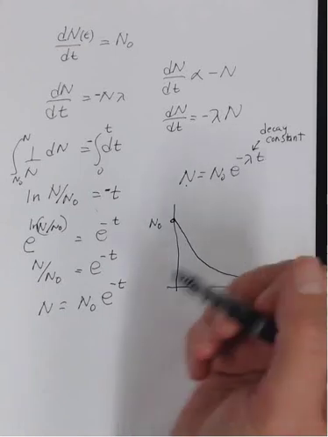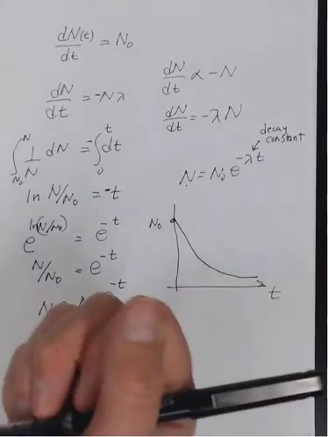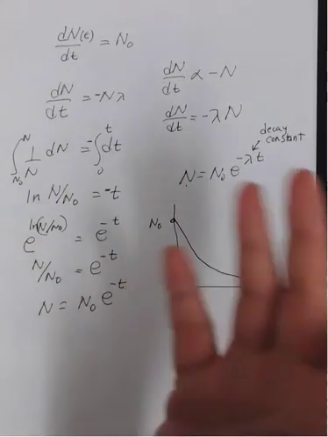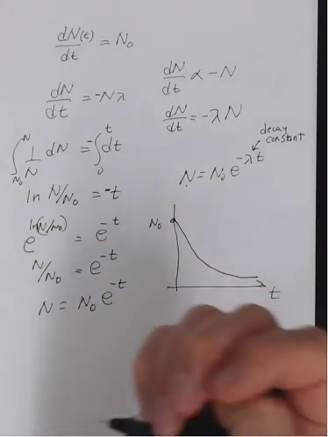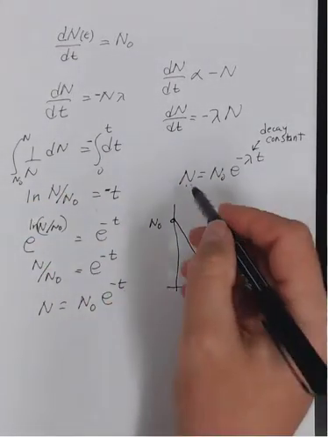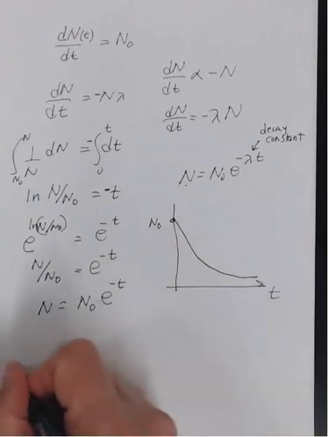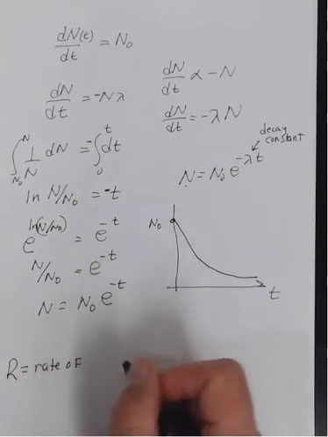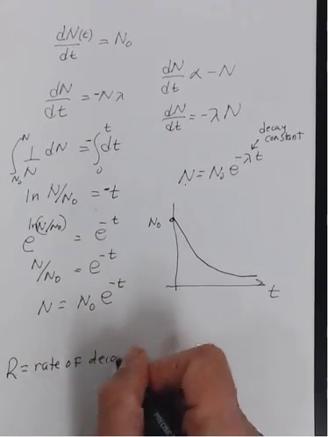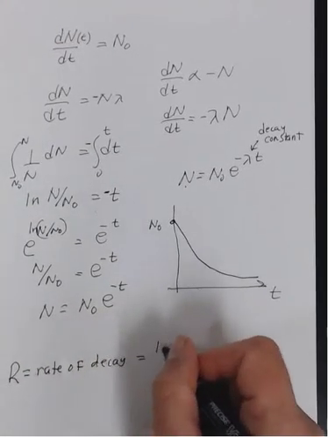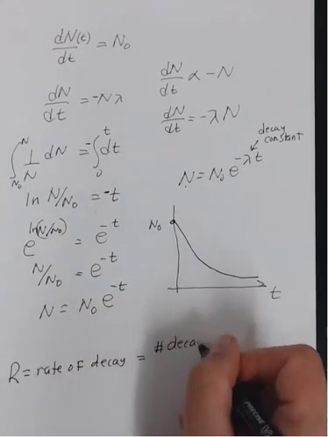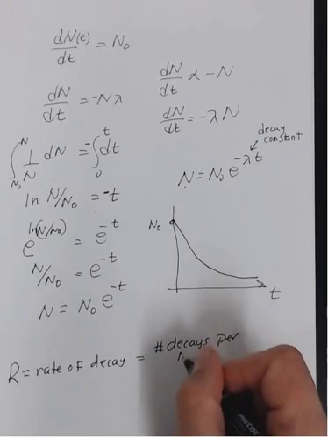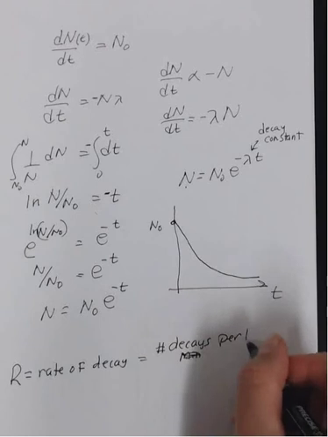Now, if you have a lot of particles that are unstable, you'll get more decays per minute, for example, than if you have fewer particles. So you could also write the rate of decay, so the number of decays per second or minute, per time.